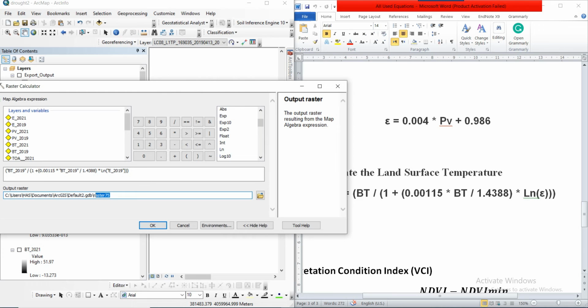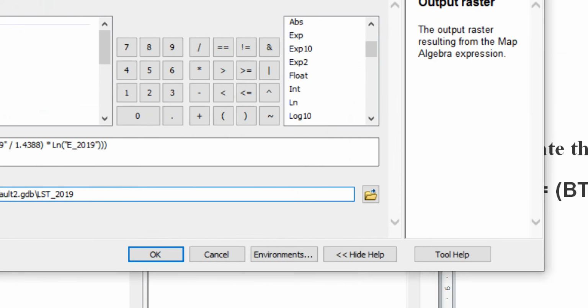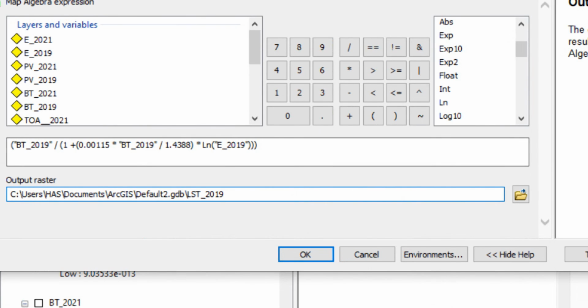So it's ready to go. Let's name it LST for 2019. So here's the formula.